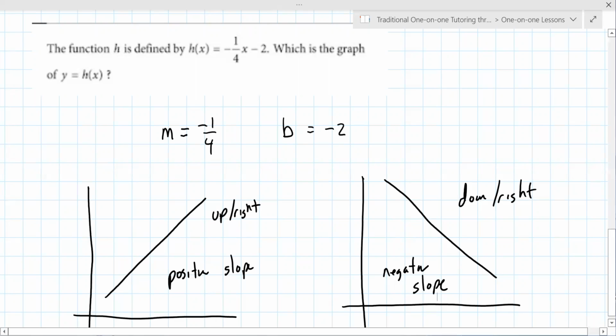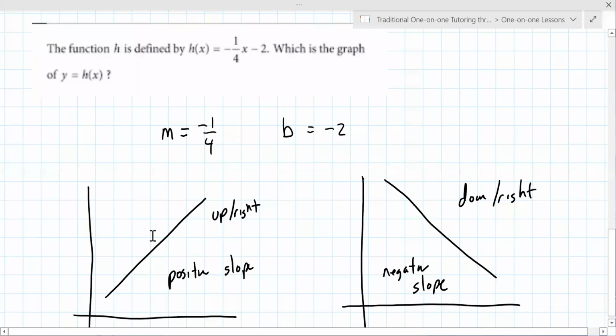That right there, negative 1/4, is both positive and negative because there's a negative 1 and a positive 4. But the entire number, is it positive or negative? Negative. Okay, negative 1/4.